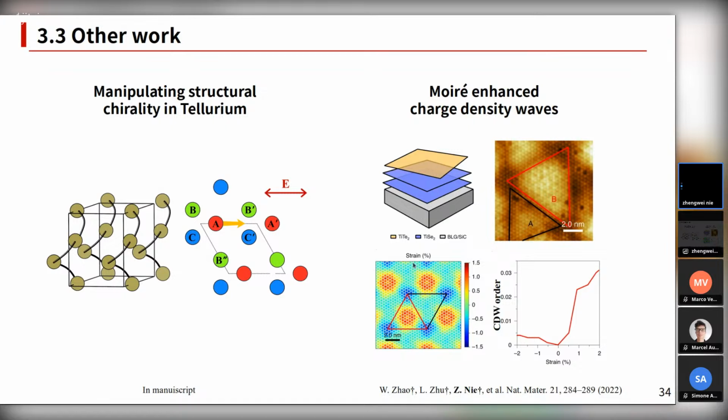And using density functional theory calculations, I found that because of the lattice parameter mismatch, there is a moiré pattern in the TiTe2. And in the moiré superlattice, there are local strains. It is the local strains that significantly enhance the charge density wave transitions. I think it is inspiring for future moiré engineering.